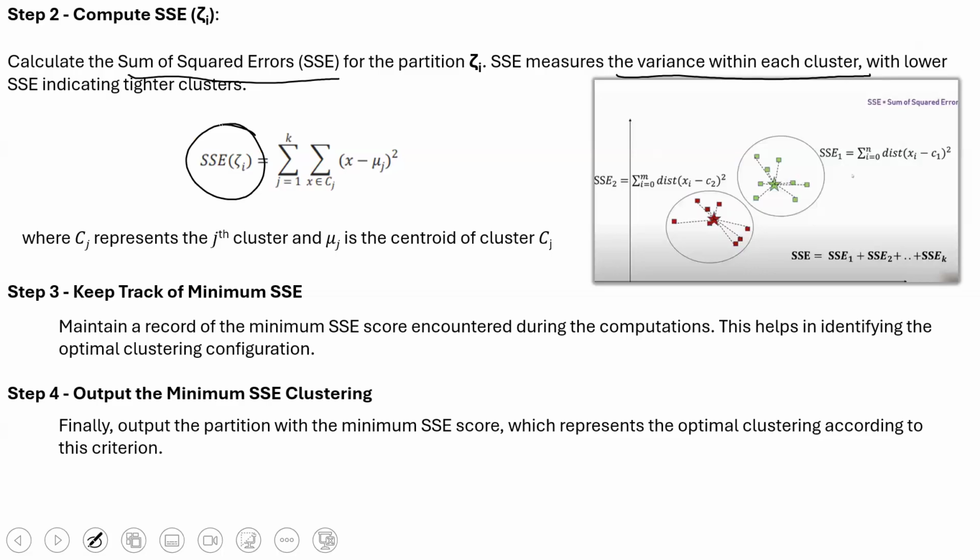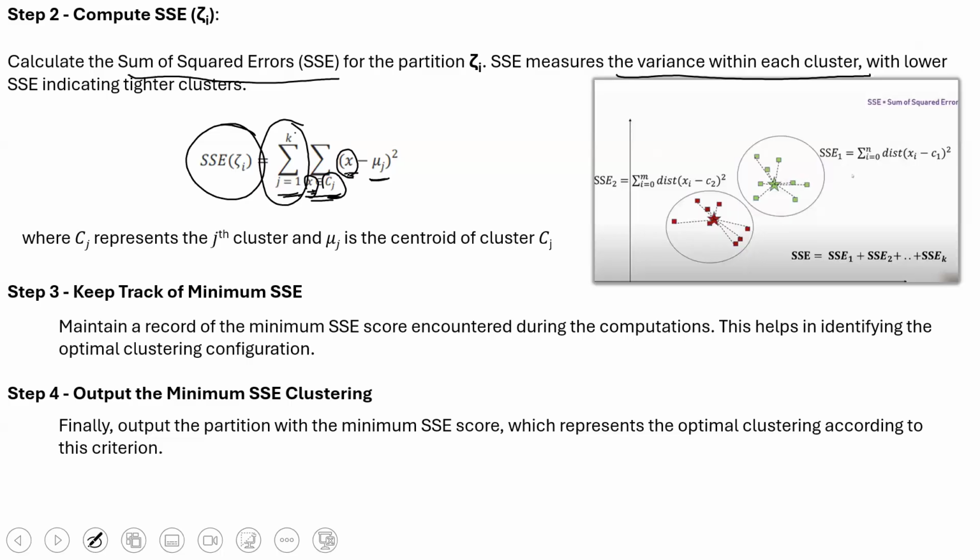If you look at this particular formula, for each cluster Cj, for each xi, each point in each cluster, we are calculating the sum of squared errors for every cluster. j equal to 1 to k runs over cluster 1 to the k number of clusters. x belongs to Cj: for every x that belongs to cluster Cj, you're calculating the distance from the mean of that cluster to that particular point.